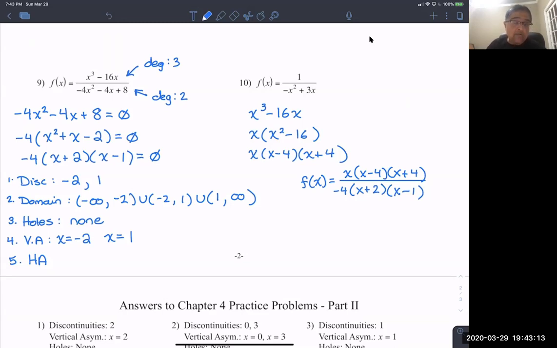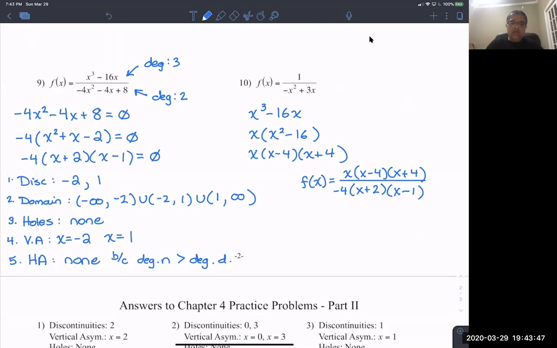If the degree of the denominator is larger, then it is the x-axis, or y equals 0. If they're the same, then it's the ratio of the leading coefficients. But if the degree of the numerator is larger, like in this case, that means we don't have a horizontal asymptote. So we would say none, because the degree of the numerator is greater than the degree of the denominator. There we go.